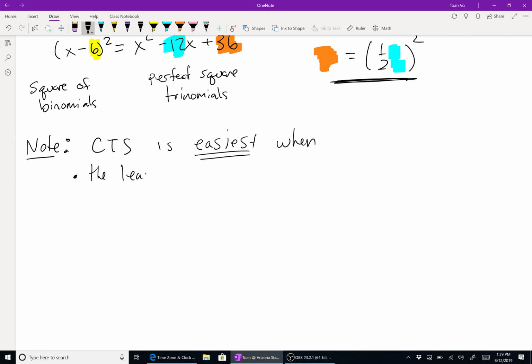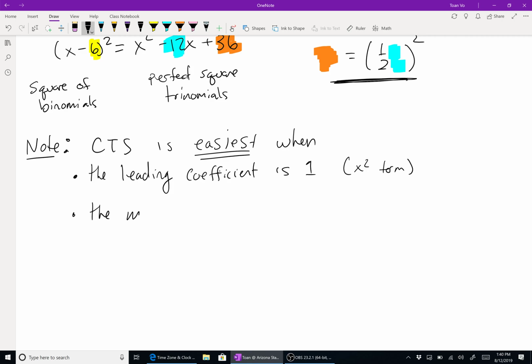The leading coefficient is 1. That is to say, the x squared term has a 1 in front of it.